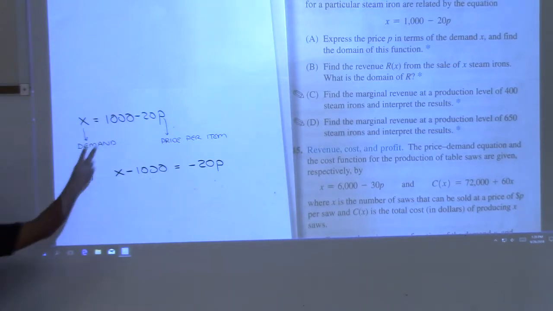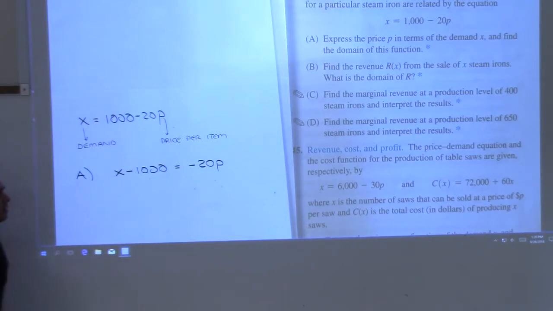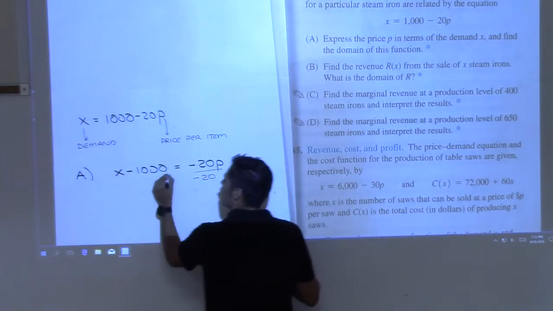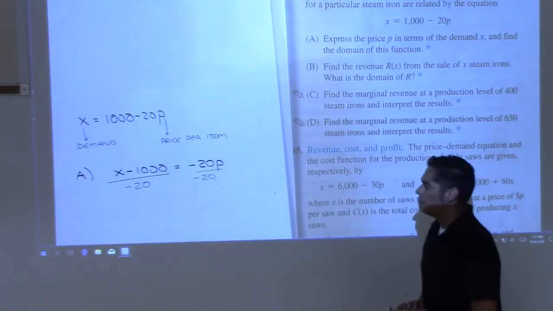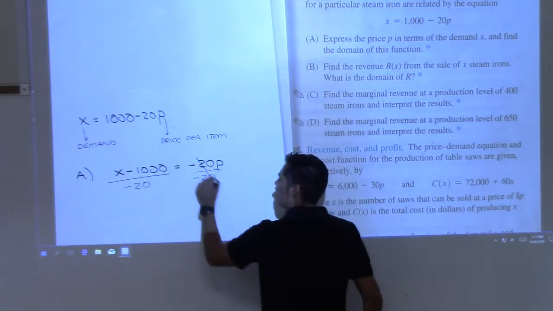So all I did was take this equation, subtract 1,000, and get this. Now I'm going to divide by negative 20, negative 20 here and negative 20 here. Watch this because this next step's important.